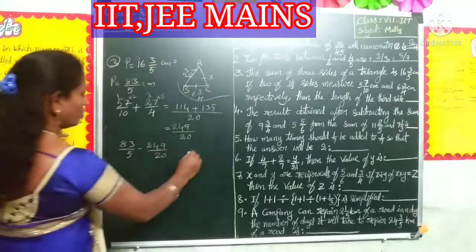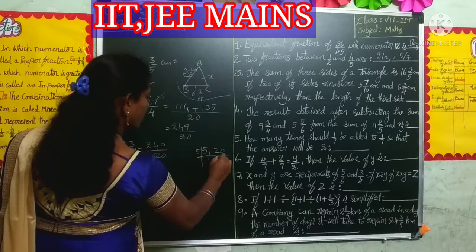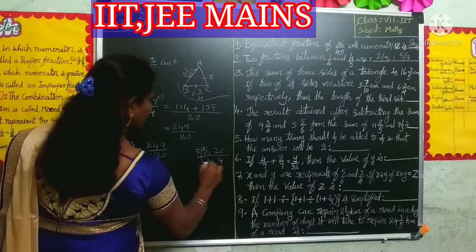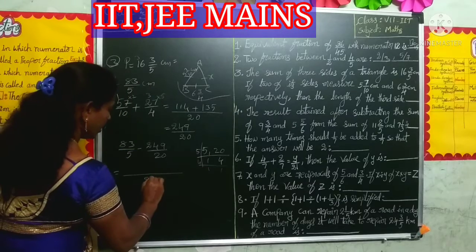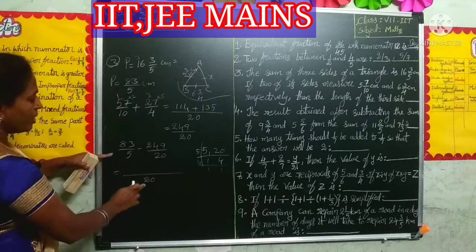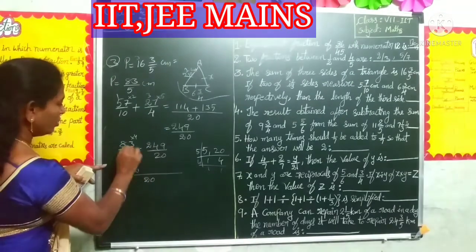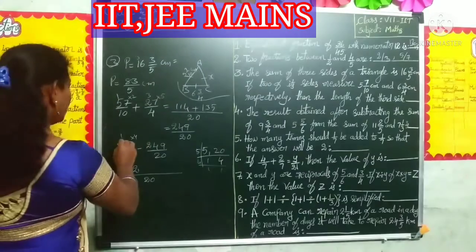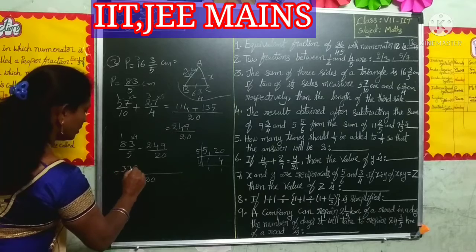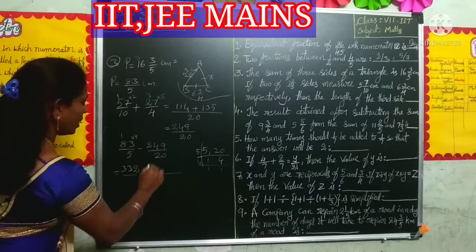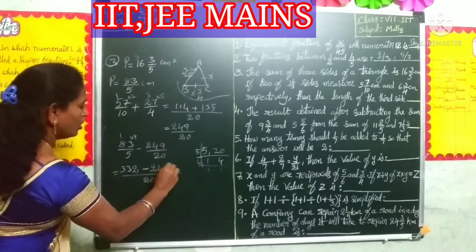Here you have to take the LCM. For 5 and 20, the LCM is 20. Now 5 goes 4 times, so 4 is multiplied with the numerator: 4 times 83 is 332. Next, for 20, 1 time, 1 is multiplied with the numerator, the same number, 249.